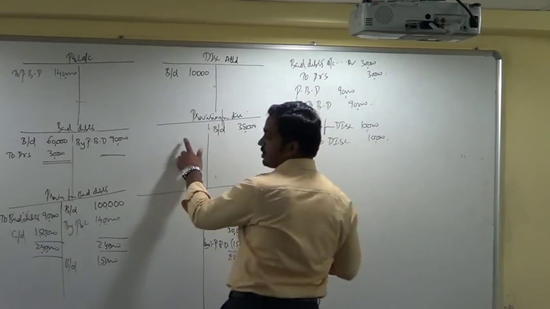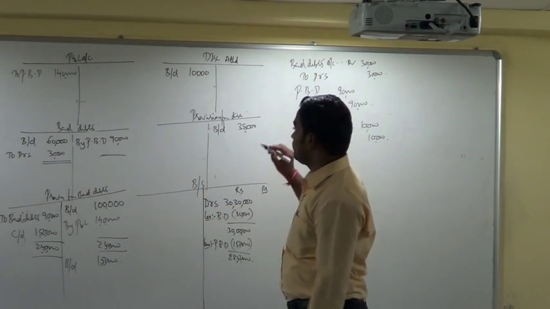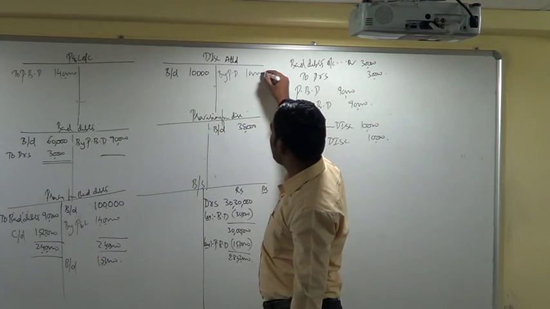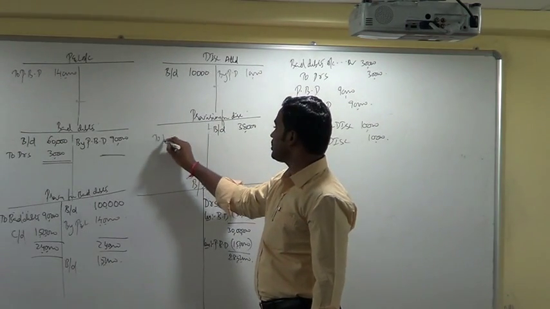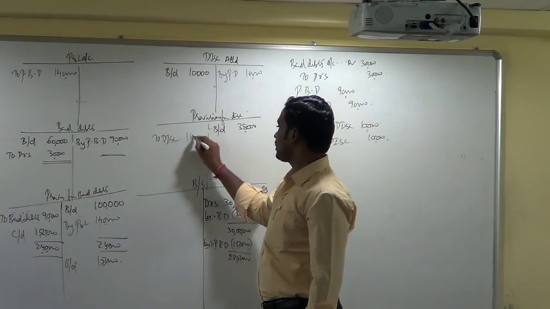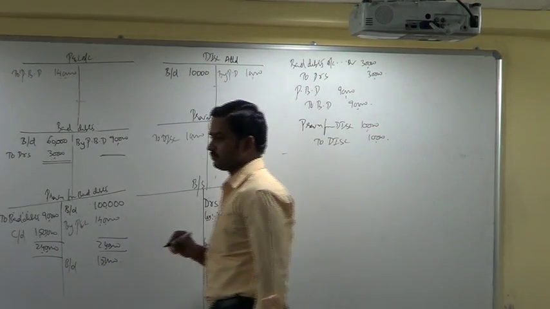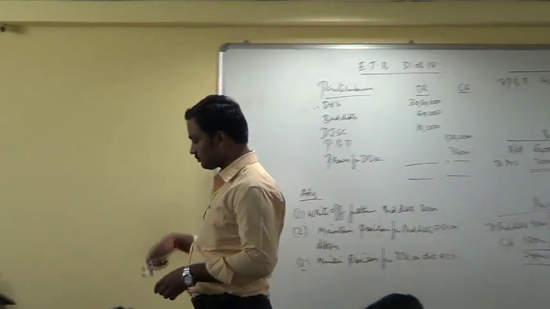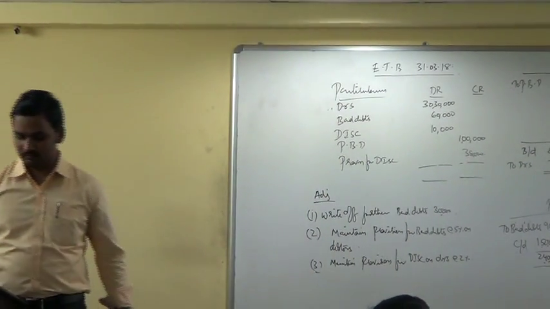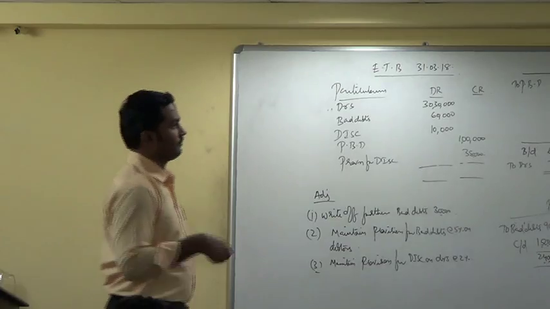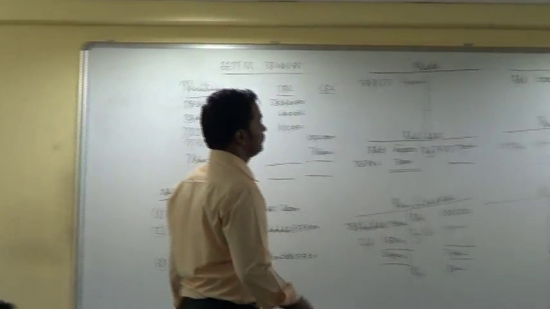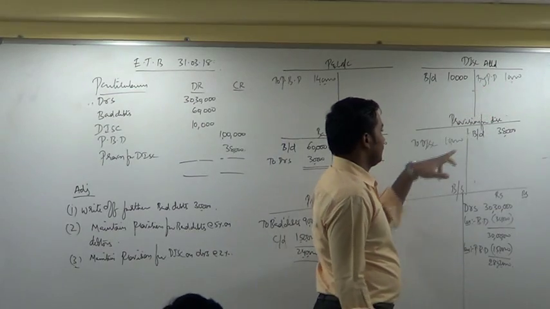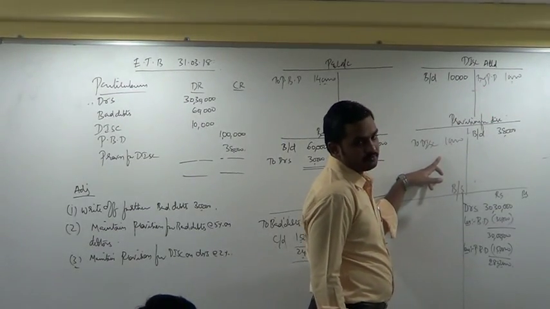The loss is now transferred to the special graveyard. Posting: by provision for discount 10,000, here we write to discount 10,000.